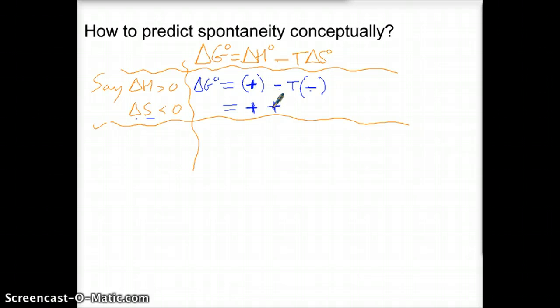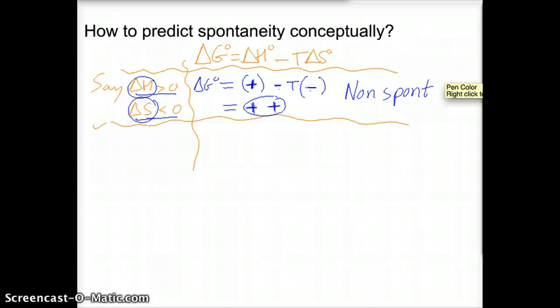So no matter what number delta H is, no matter what number delta S is, if delta H is positive and delta S is negative, since delta G has to be a positive number, the reaction will always be non-spontaneous in that direction. Always.